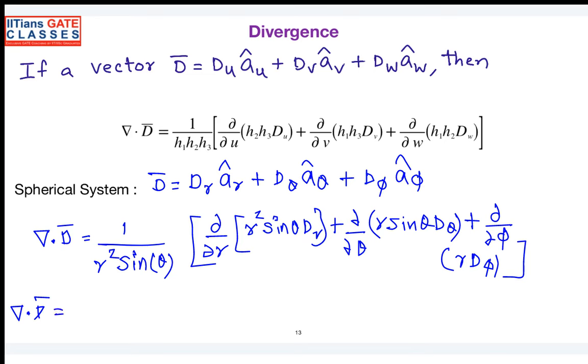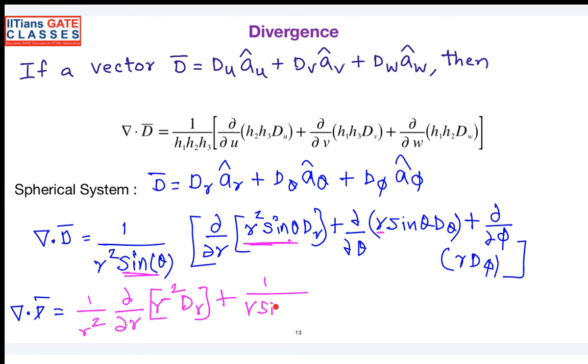So that becomes 1 by r sin theta dou by dou theta of sin theta d theta, plus, from the third term also you take r common and get it cancelled, 1 by r sin theta dou by dou phi of d phi.